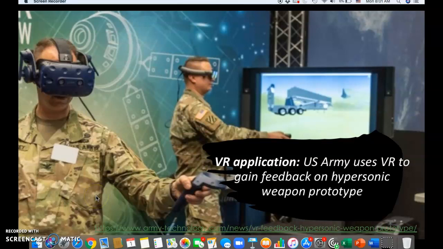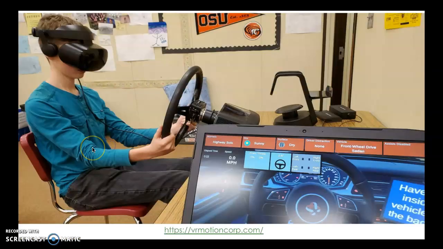So instead of creating the product first, you interact with the weapon prototype, so you can do basic testing to see if there is any interference, and whether it is easy to use.